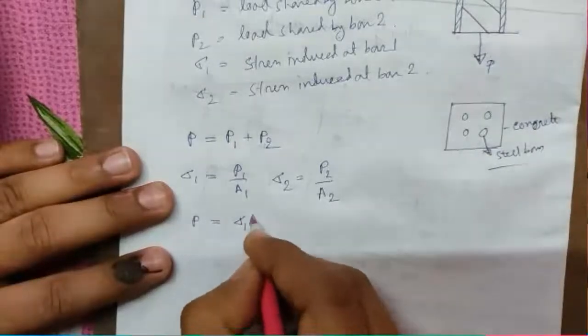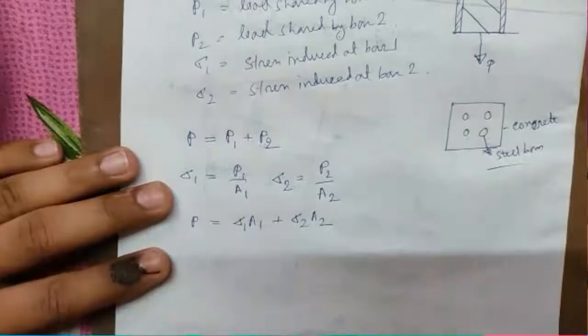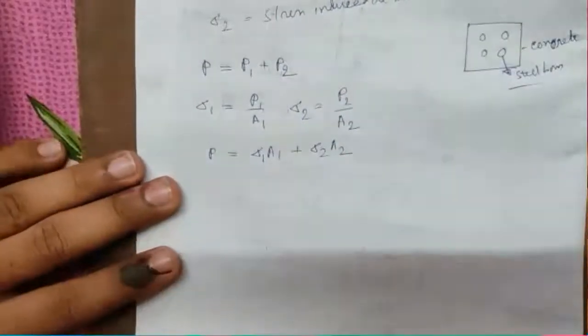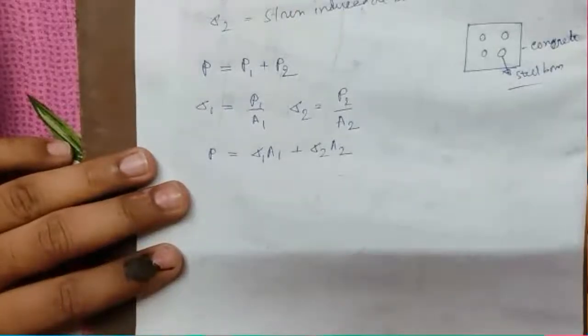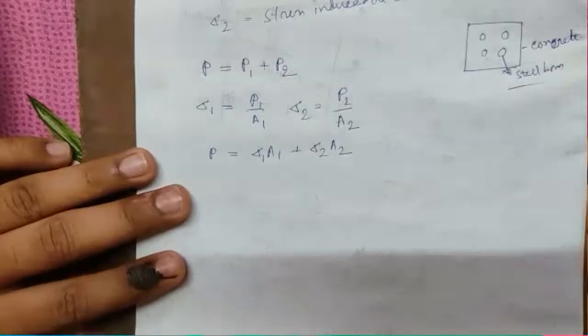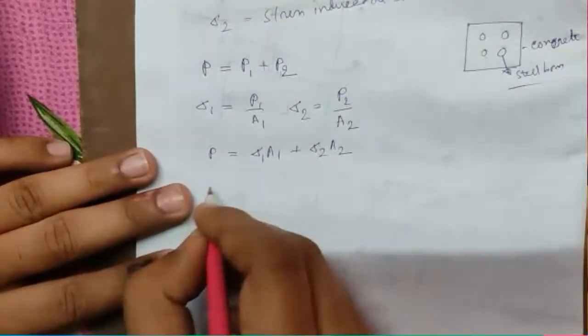Now, so we have the stresses, so we can get strains also. The strain in bar 1 is sigma 1 by E1, and the strain in bar 2 is sigma 2 by E2.